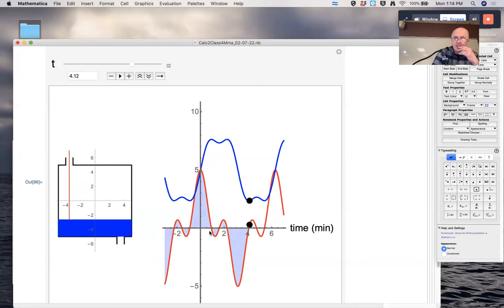Now the areas that come from when the graph is below the axis outweigh the areas that come from when it's above. Effectively, these two areas cancel, these two areas cancel. And if you compare the areas here that are below the axis to the area here that's above, the fact that the graph decreases from time -3 to time 4 means these areas outweigh this area. They contribute negatively to the integral.